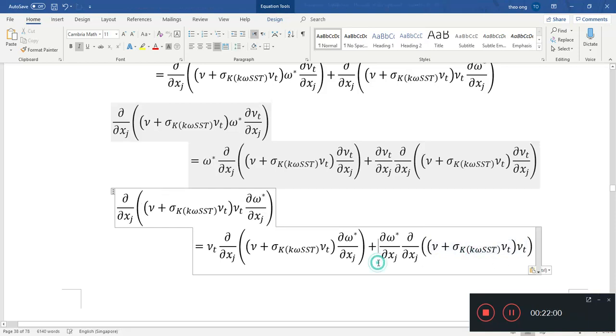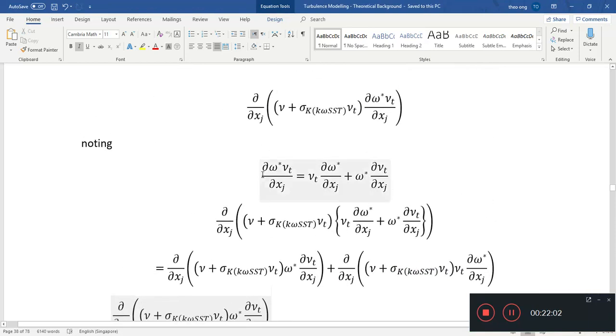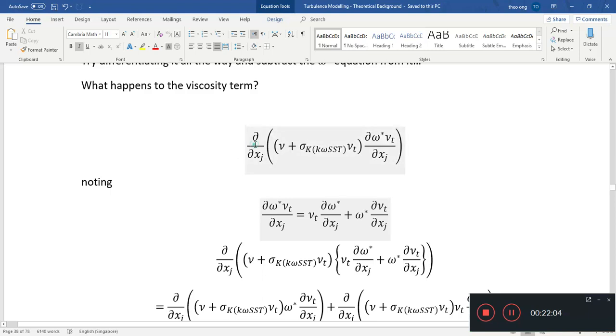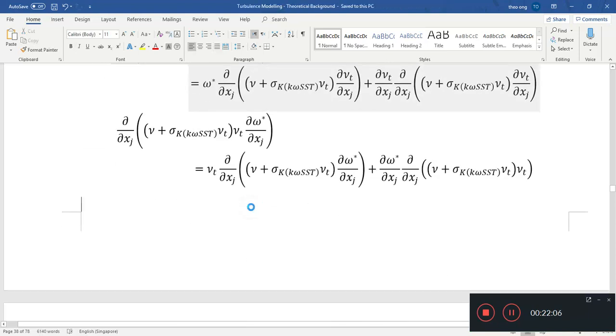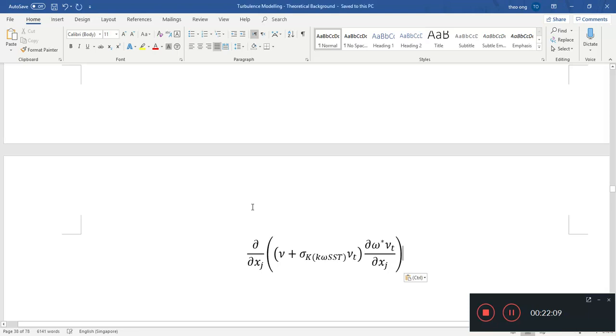So we see that this simple innocent looking term actually becomes 4 terms at least, right?